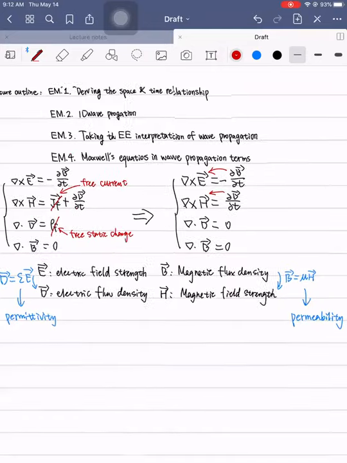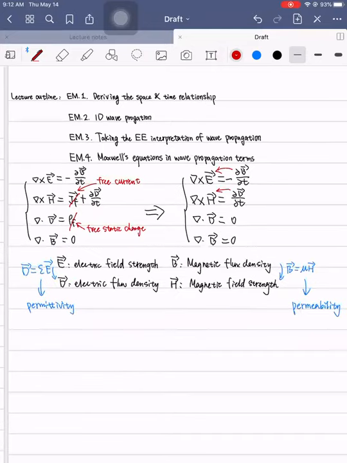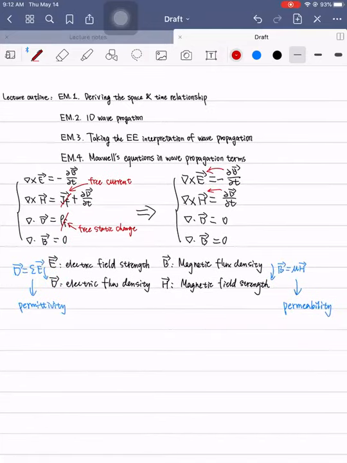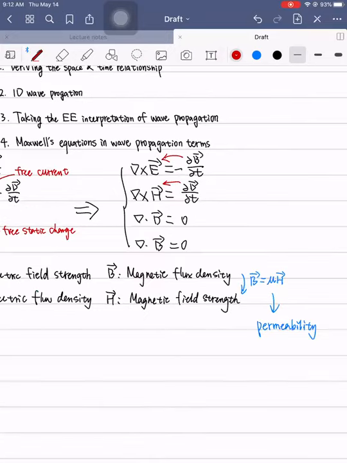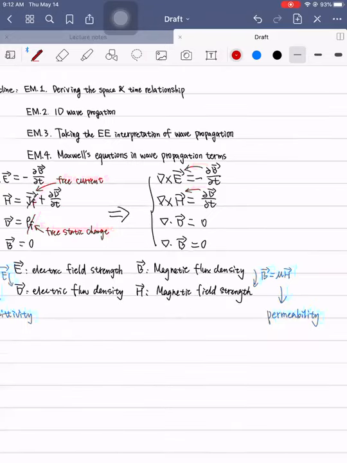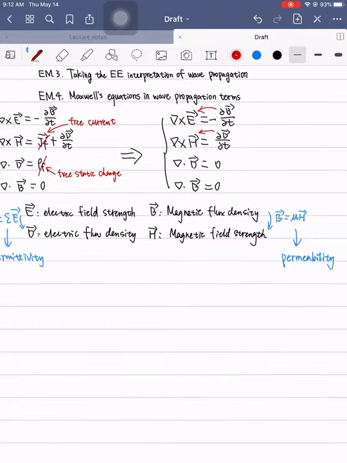Since you look at these four quantities, the E, B, D, and H, the D and B are basically the alias of E and H. So to make this Maxwell equation more concise, I will do some substitution.